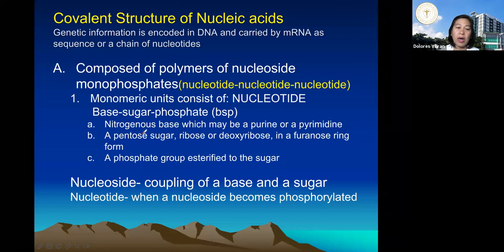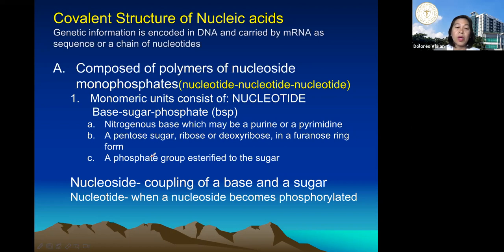For the sugar, it contains a 5-carbon sugar, so you call it pentose, and it could either be ribose or deoxyribose. The ribose is the sugar found in RNA, while deoxyribose is the sugar found in DNA. And then this base and sugar is esterified to a phosphate group.